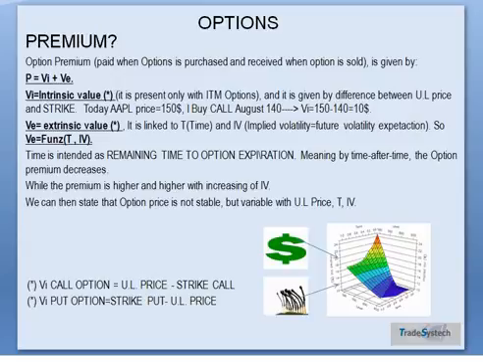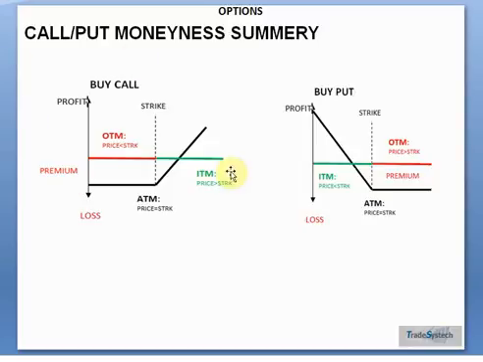Alright. This is a slide which is already familiar to you, as we described it in the previous video. So I'm not going to discuss it too much, just keep in mind that when I buy a call, my option is ITM if the price of the underlying is over the strike price. When I buy a put, my option is in the money if the price of the underlying is below the strike.